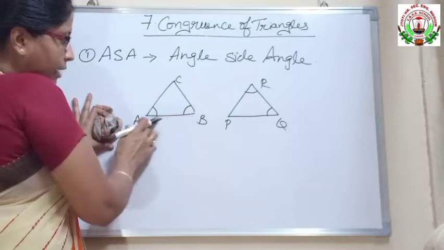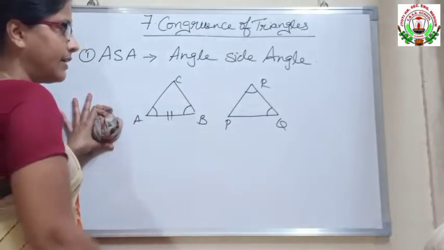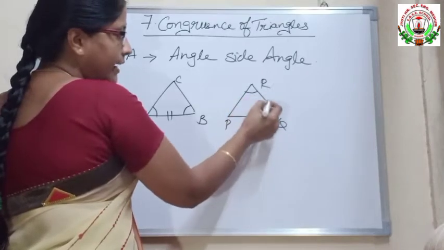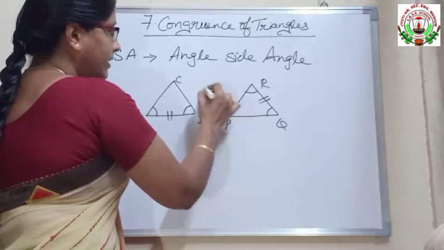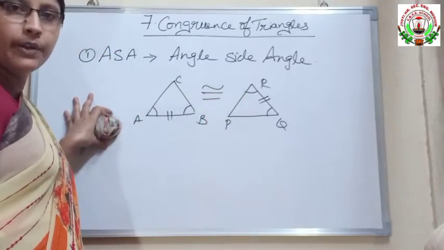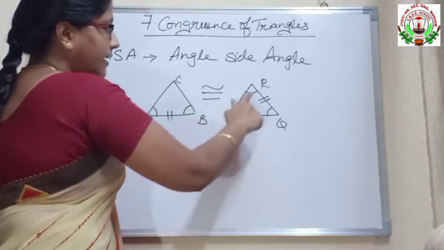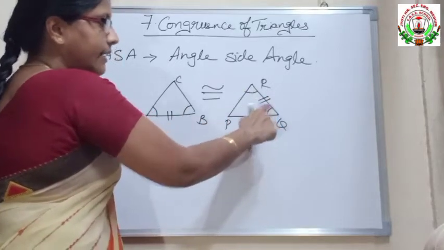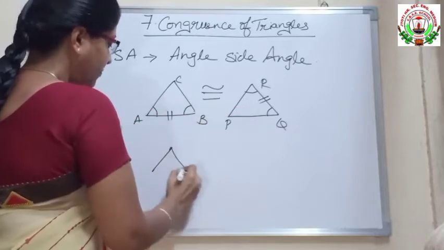So between two angles, the side should be included, that is this side. So between these two angles, this side should be included. So then we can say that these two triangles are congruent to each other. Because angle, side, angle. Here angle, side, angle. So these two triangles are congruent.